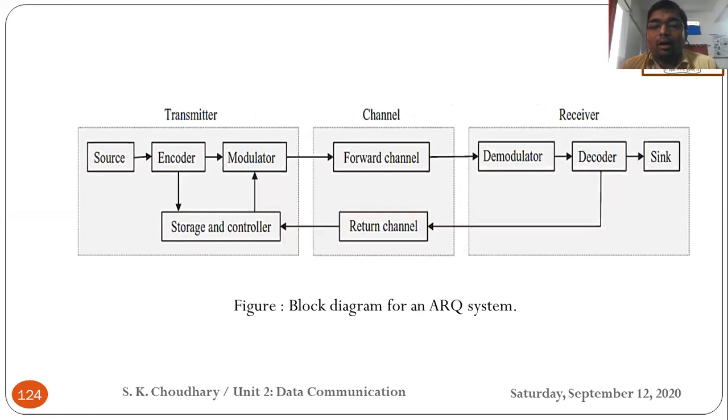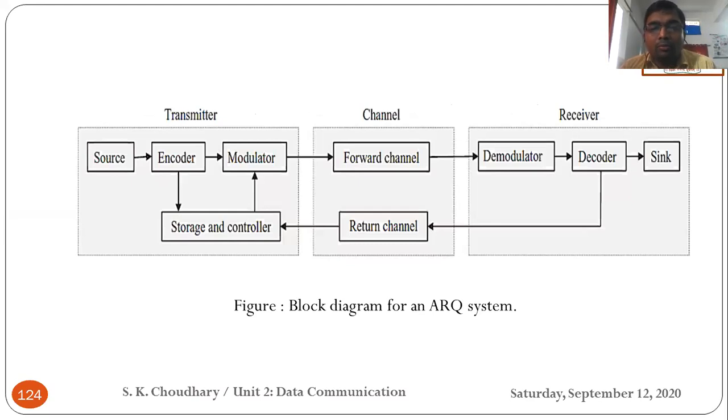Now, this is the block diagram of the ARQ system. You can see there are three different sections I have plotted: transmitter, channel, and receiver. In the transmitter section, you see first the source of information, then encoder, then modulator. The source of information generates the message signal.